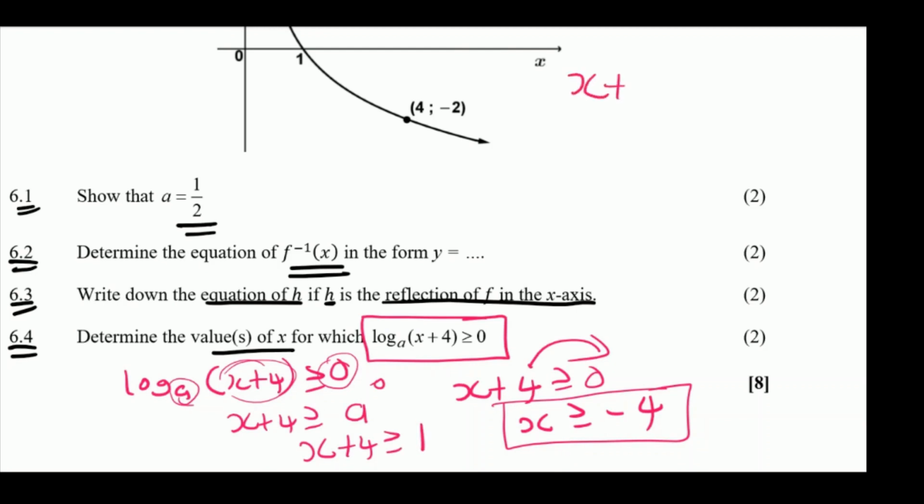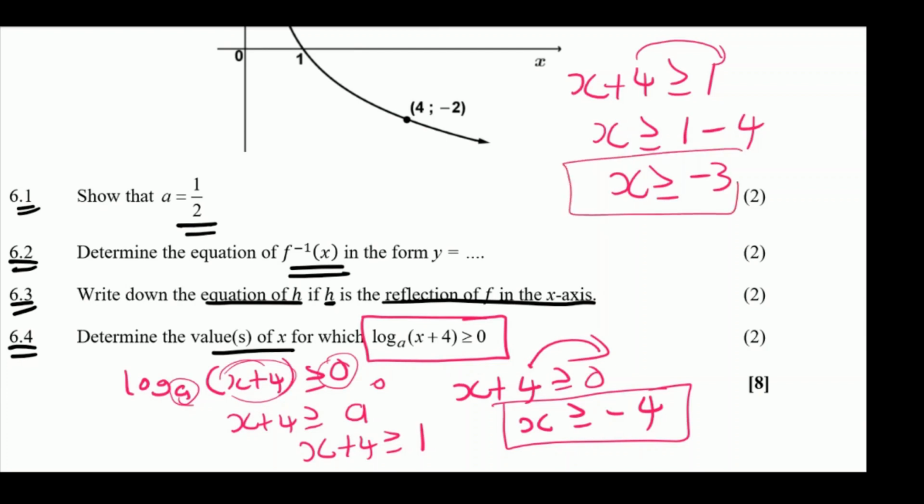Then you transpose the 4 to the other side, we have x being greater than or equal to 1 minus 4, right? So it's going to be x greater than or equal to minus 3. So this would be the second solution of x. So remember, this is the first solution of x, the second solution of x.